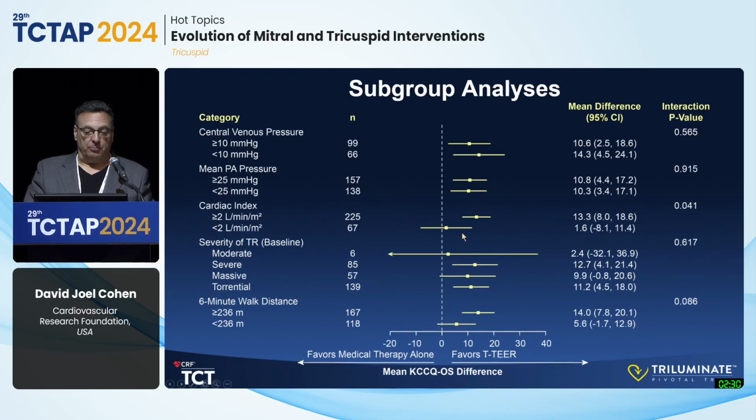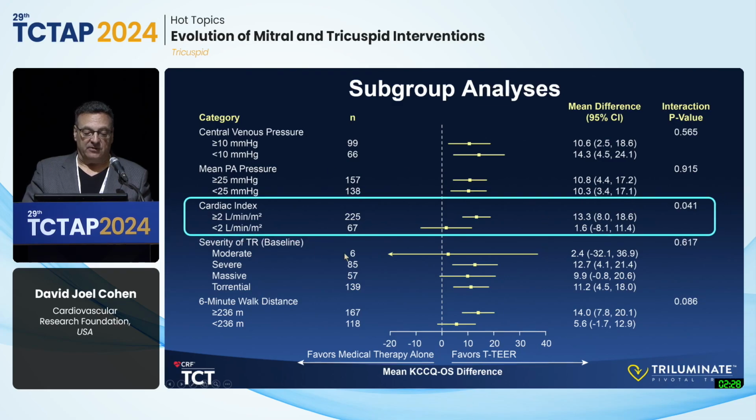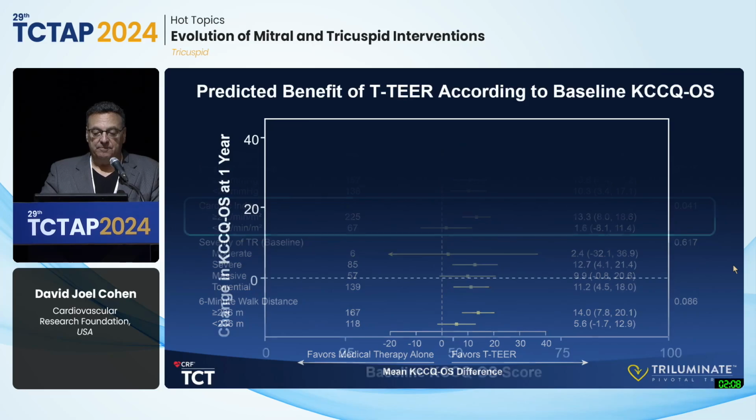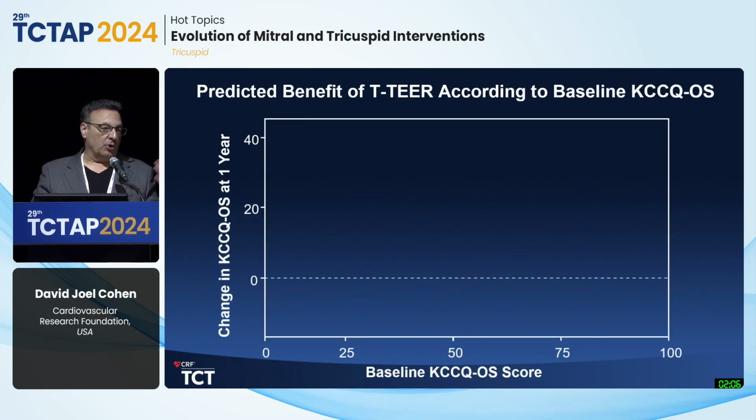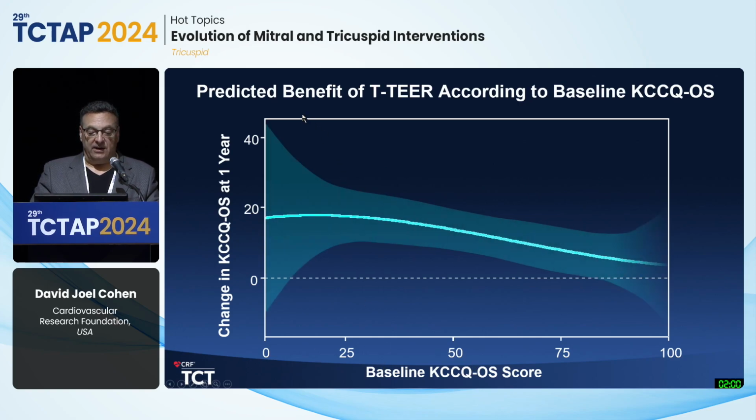There was one subgroup, as we start to get to the hemodynamics: patients with a very low cardiac index at baseline of less than 2 liters per minute per meter squared, which was a small fraction of the patient population, did not seem to get much benefit, whereas patients who had a relatively preserved cardiac index seemed to derive the vast majority of the benefit. That was a borderline statistically significant interaction. But the really important interaction and the real take-home message here is with the baseline KCCQ score, which you would imagine would be the case, and we did find this.